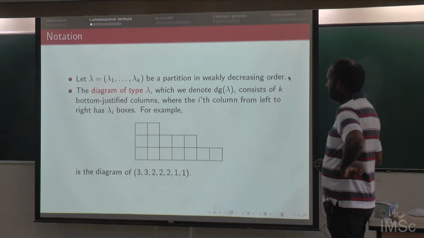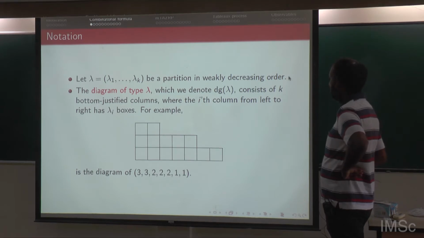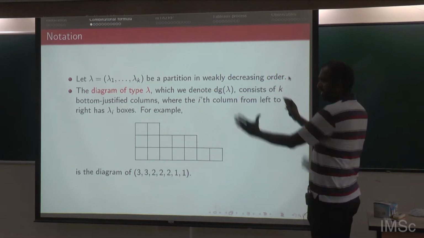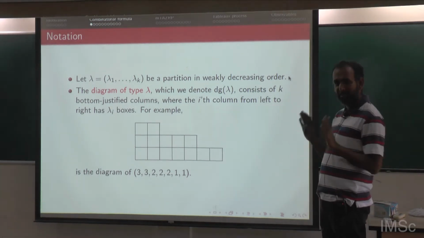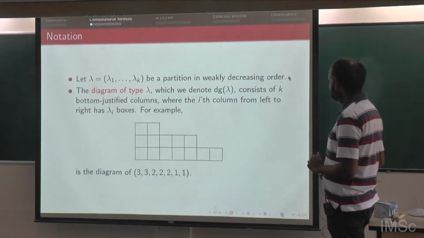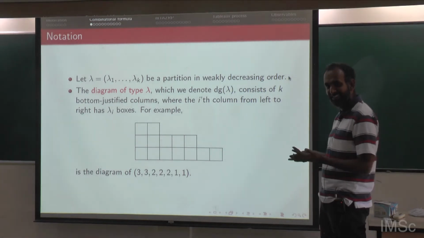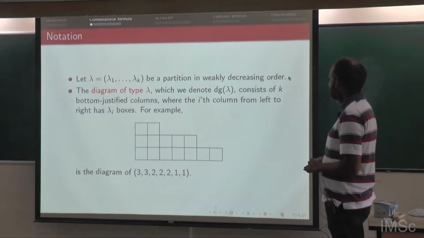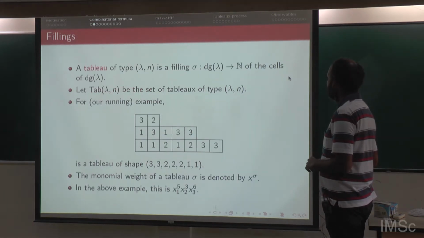So the diagram of type lambda consists of k bottom-justified columns, where the ith column has lambda_i cells. If you rotate the whole thing clockwise by 90 degrees, you get the usual Young diagram in English notation. So this is the diagram of 3, 3, 2, 2, 2, 1, 1.